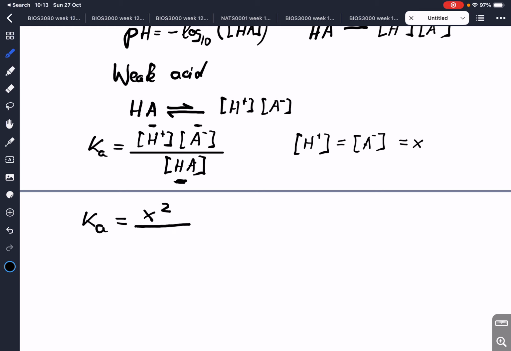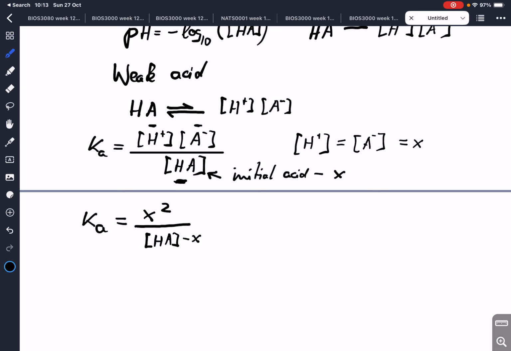And of course, what is this HA? That is our initial acid concentration after we have dissociated it, so that would be minus x. So we would have concentration of HA minus x.